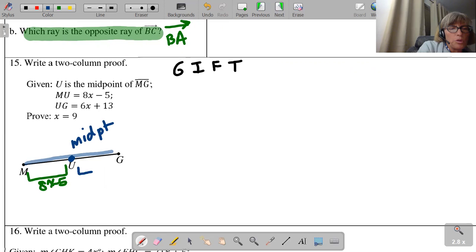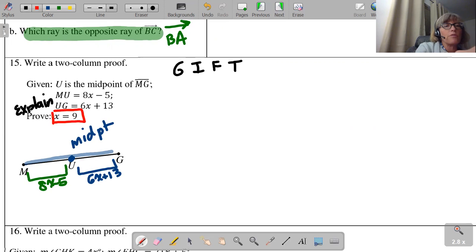And U to G is 6x plus 13. And you're trying to prove. Prove just means explain. Don't get all into that. Explain why x equals 9. That's what we're going to try to do.